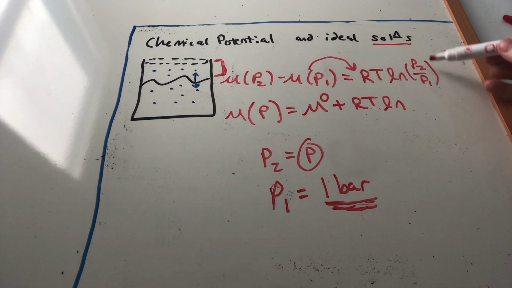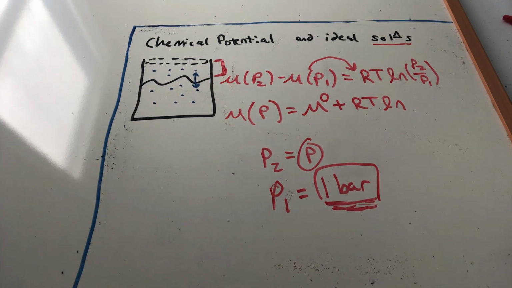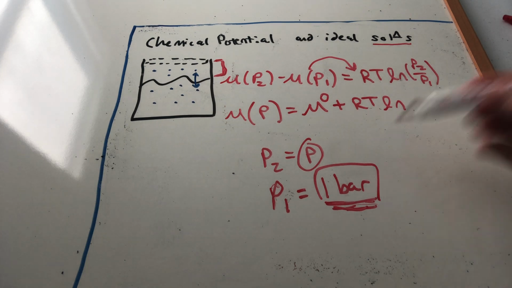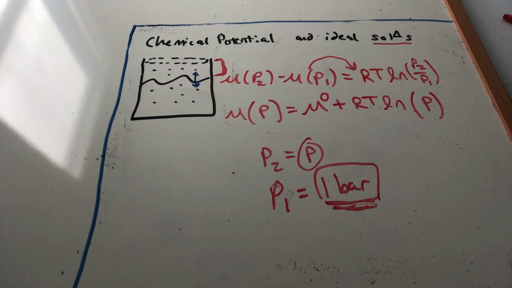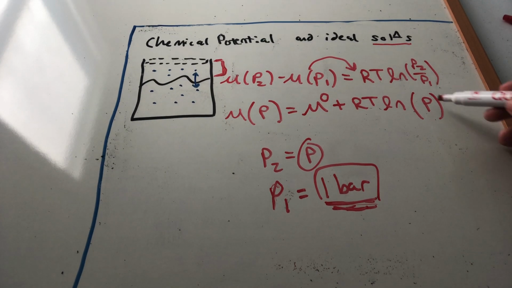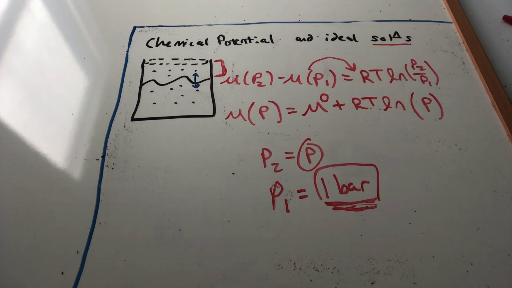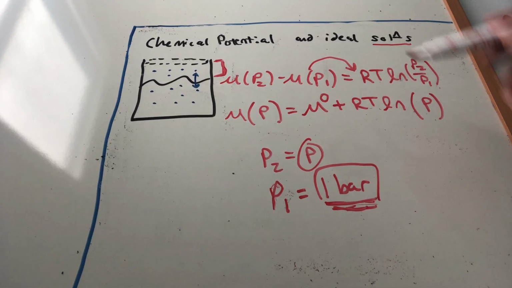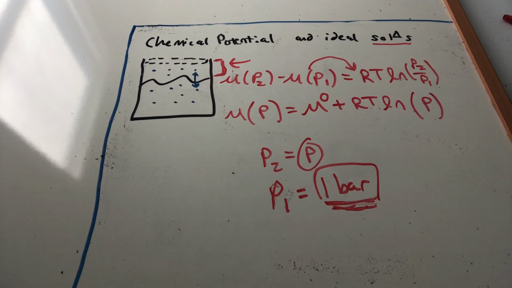So what am I going to do here? P2 becomes P, and P1 becomes 1 bar. The P1 kind of goes away, because this P inside here, as long as I know that I'm referencing bar of pressure, is going to be divided by 1 bar. This P right here is the same P there, and it's in bar. So this is the situation describing the chemical potential of this vapor.